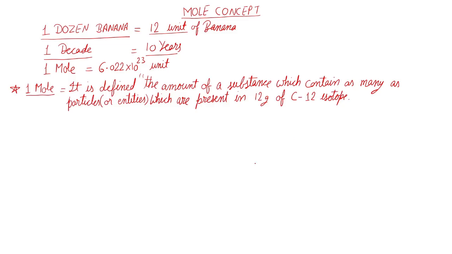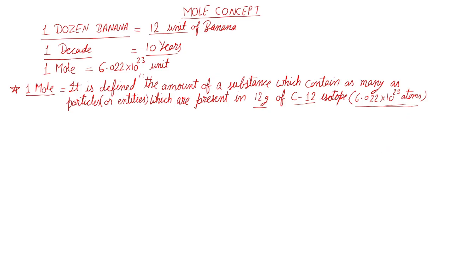It means we have 12 gram carbon 12 isotope, and it contains basically 6.022 into 10 to the power 23 atoms in 1 mole. Okay, so here we can say 12 gram of carbon 12 isotope contains that number of atoms of carbon. So we can say the amount of any substance which contains this much unit of atoms or molecules is called 1 mole.